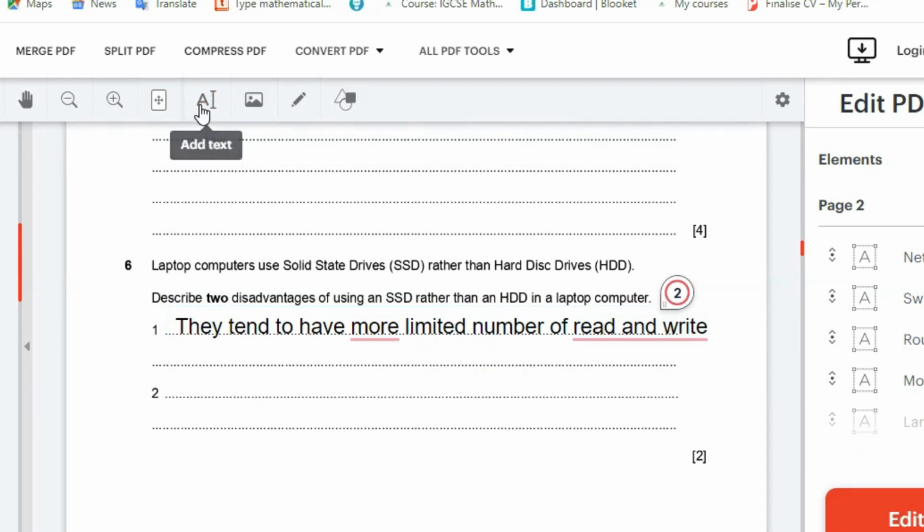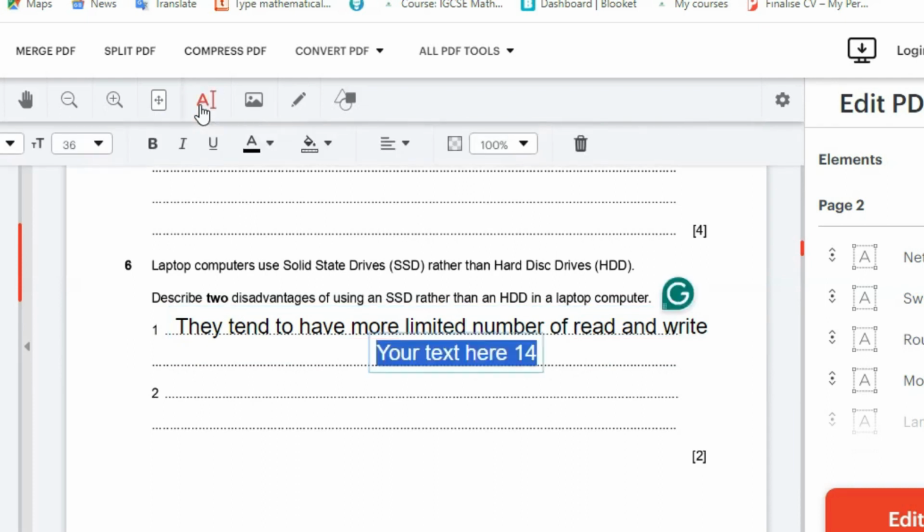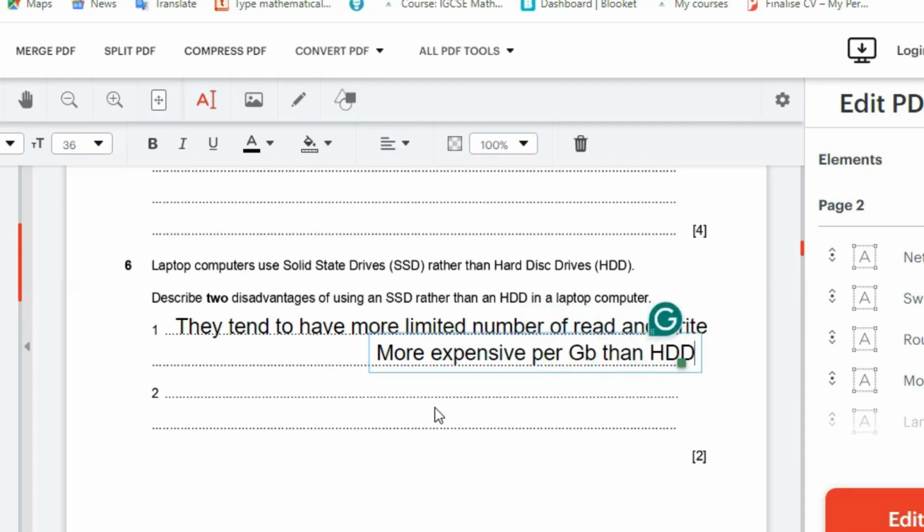Number two, SSD are more expensive per gigabyte than HDD.